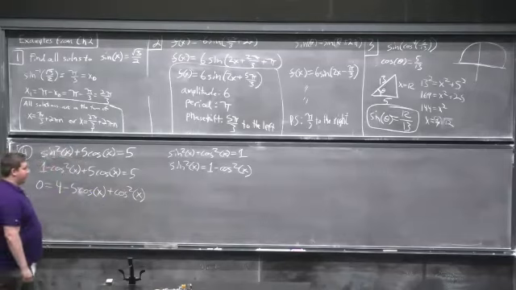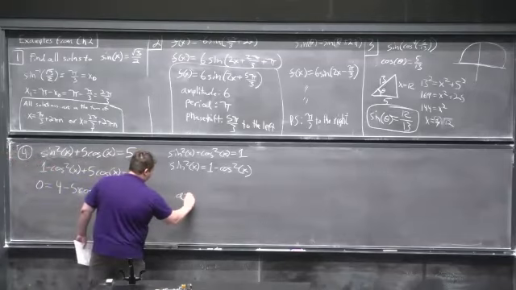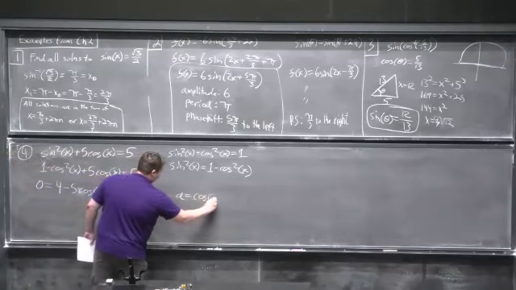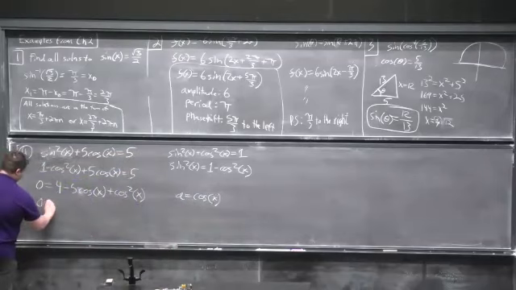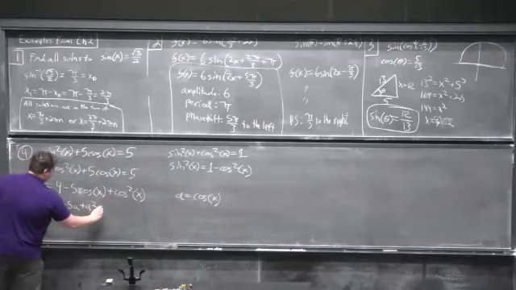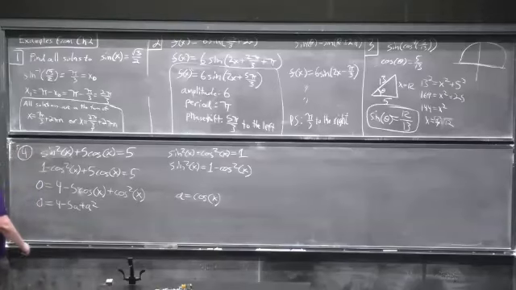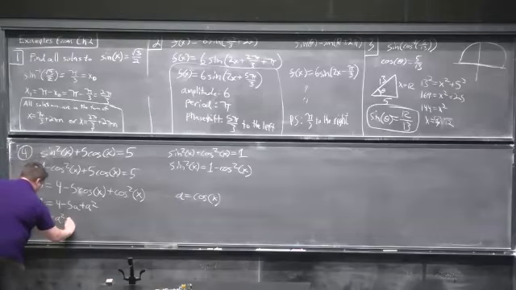Let's make our substitution, having a be equal to cosine of x. And we get 0 is equal to 4 minus 5a plus a squared. We can flip it around to make it look standard. And we can write 0 is equal to a squared minus 5a plus 4.